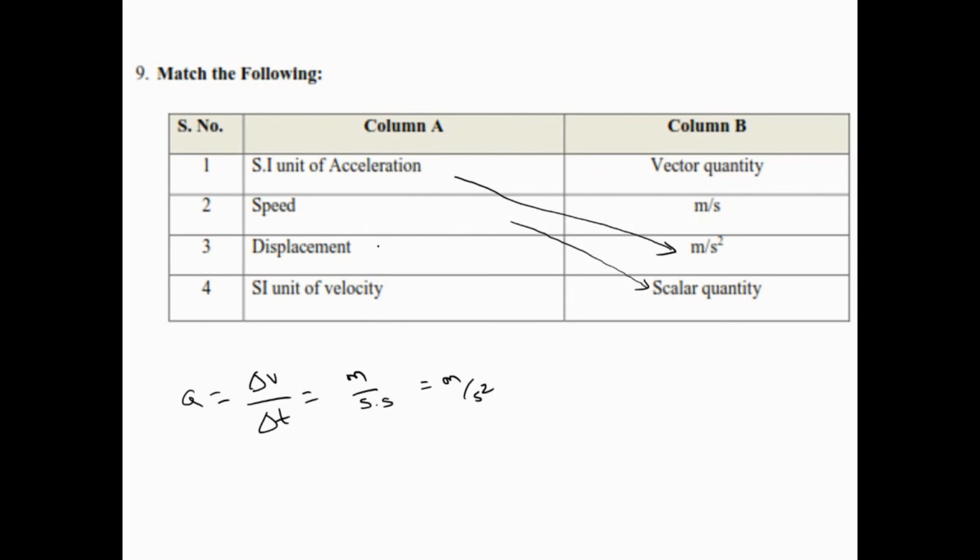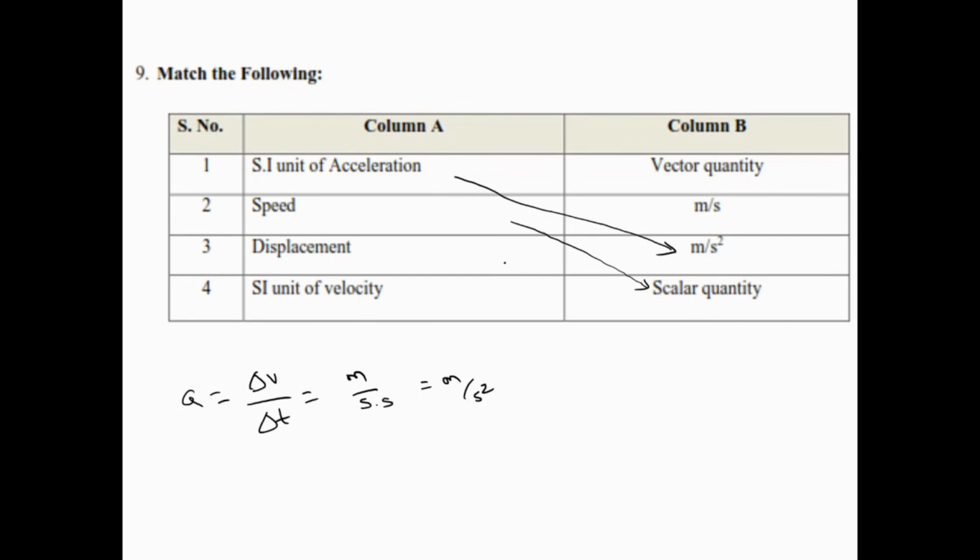The third question is displacement. Displacement is a vector quantity. It gives both magnitude as well as direction, because the chapter is related with motion of an object in one dimension. If you consider one dimension, sometimes the object might move in a positive direction or negative direction.